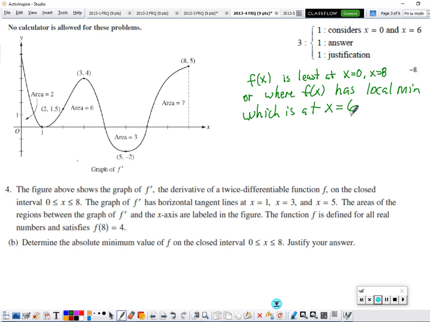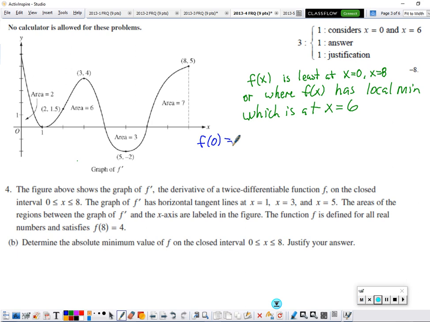Basically, your options are, well, there's more than two. This is the best, so we'll just go with the best option. Everybody good here? Okay. So now you have to prove which of those three is the least. I think the easiest way to prove is with integrals. Because I have a graph of f prime, I can say f of 0, I already know that one.